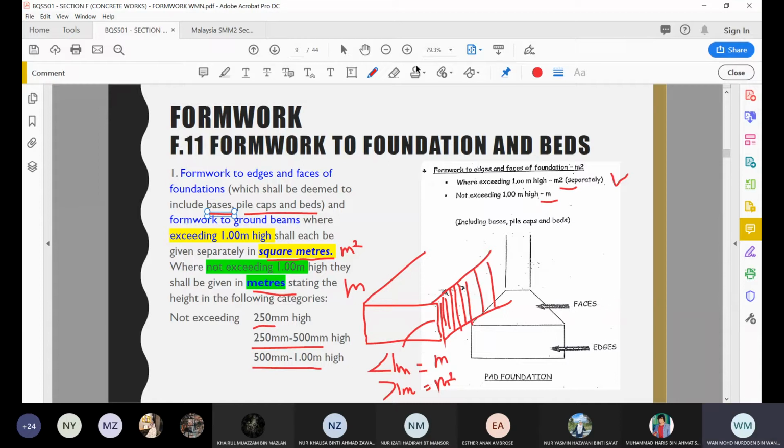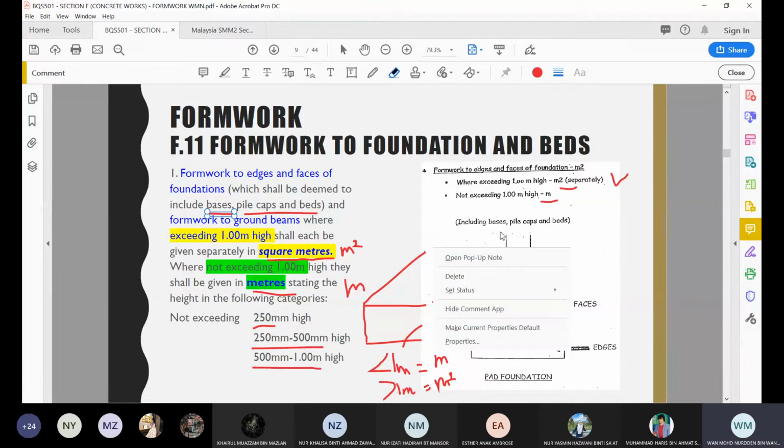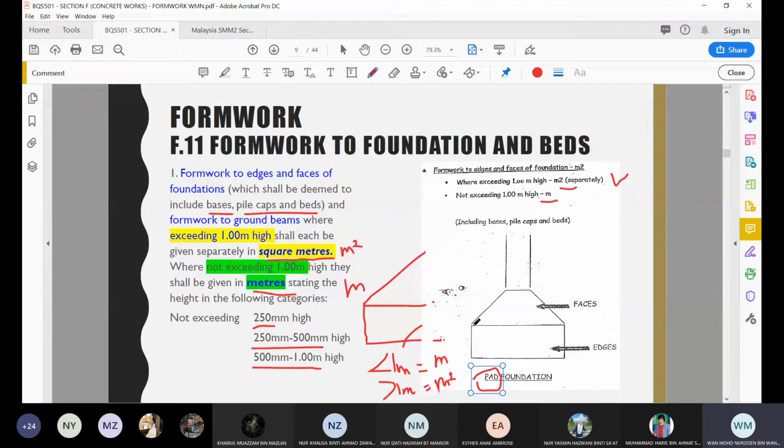Okay, ni penerangan lah berkenaan apa yang dimaksudkan dengan edges and faces. Okay, this is for pad foundation lah. Pad foundation, so kawasan tepi ni kita panggil sebagai edges.